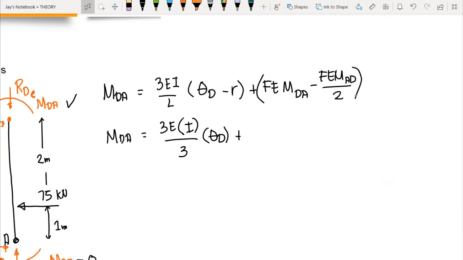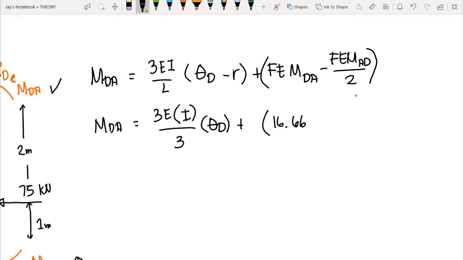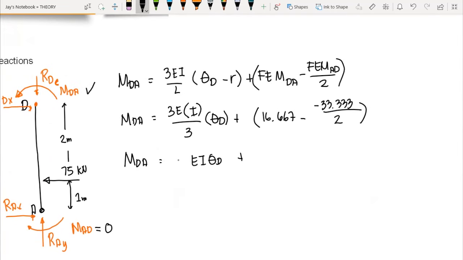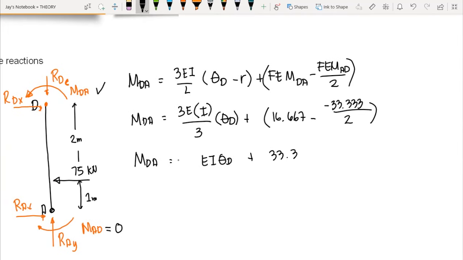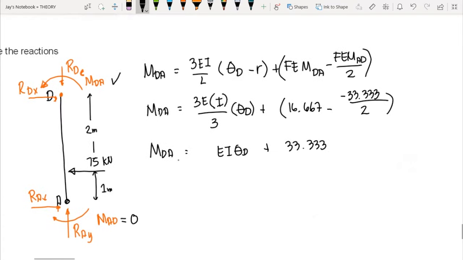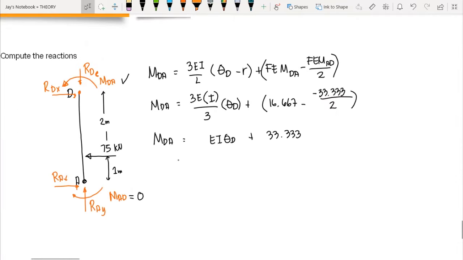So we have the value of FEMDA, the fixed end moment DA, which is 16.667 minus, we have the negative 33.333 over 2. By further simplifying, we have MDA equals theta D EI plus 33.333. So this is now our equation number 2.